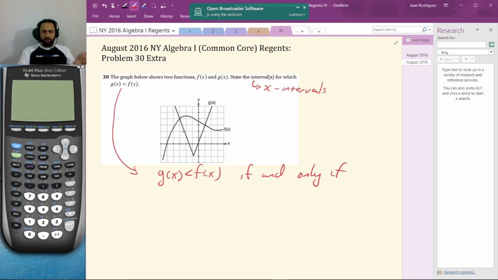So as a result, this is if and only if the graph of g of x is below the graph of f of x.